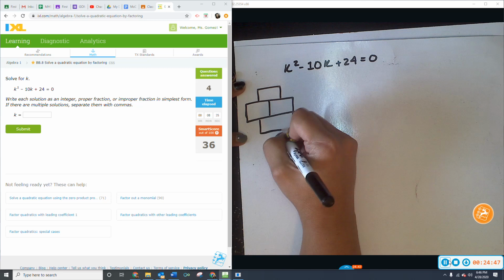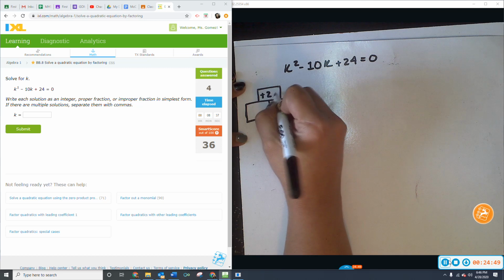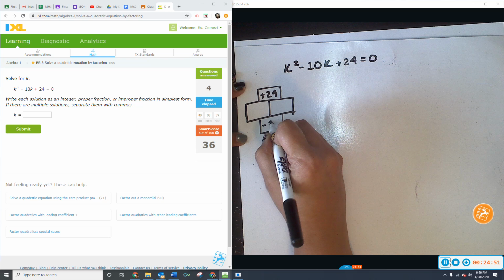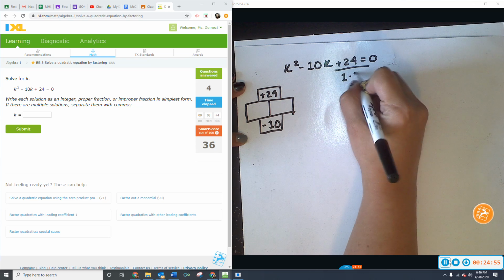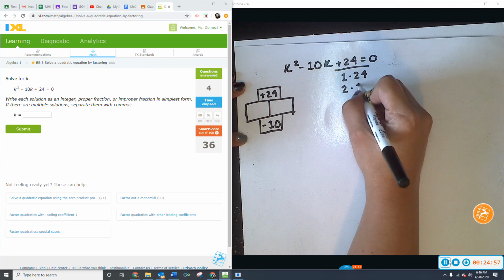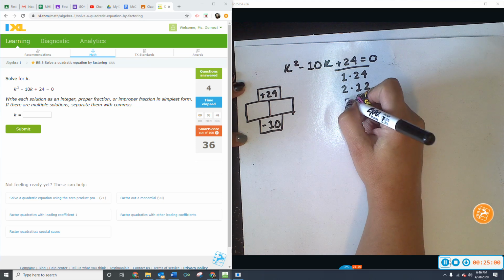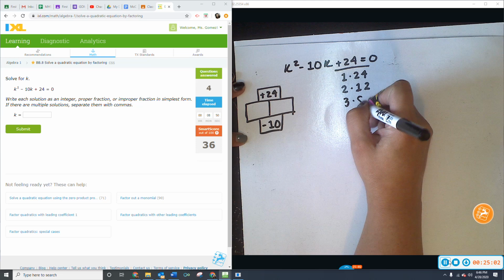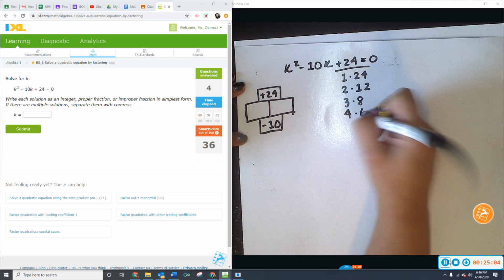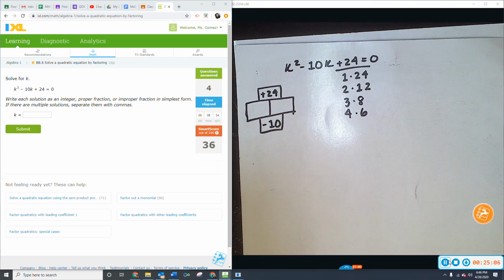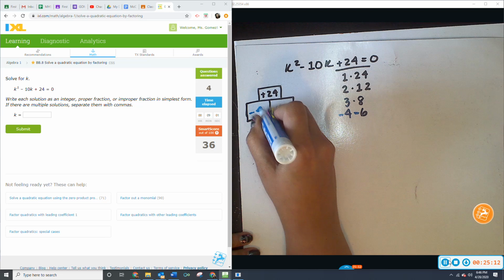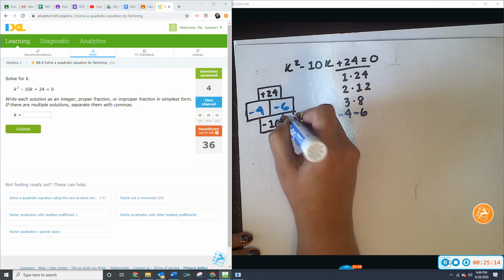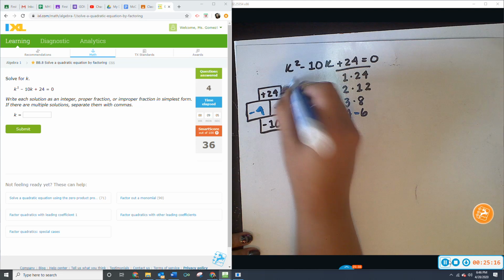If I have a positive 24 here and a negative 10 here, so factors of 24, 1 and 24, 2 and 12, 3 and 8, 4 and 6. Well, I guess it really wasn't that difficult, right? Because that's a negative and that's a negative. And negative 4 minus 6 gives me negative 10, and it multiplies to give me a positive 24.